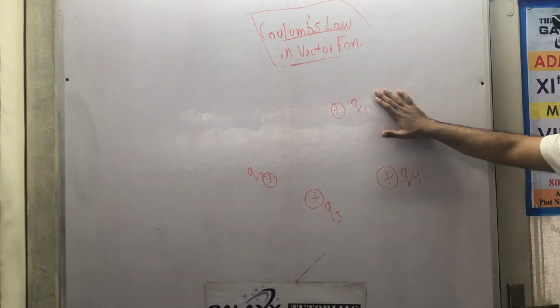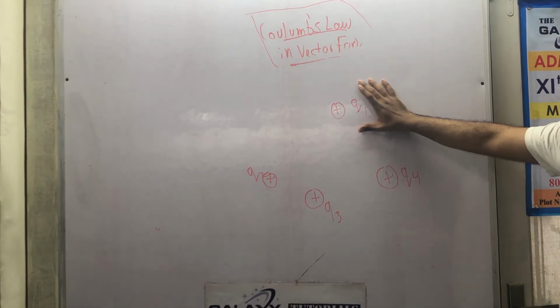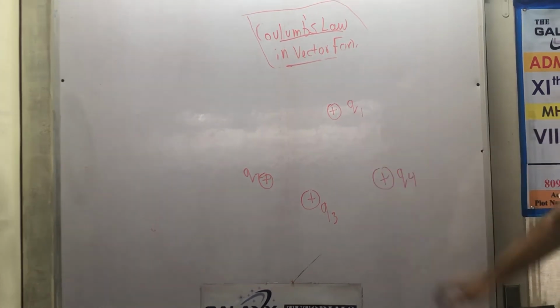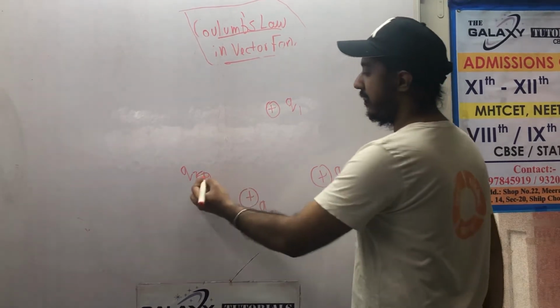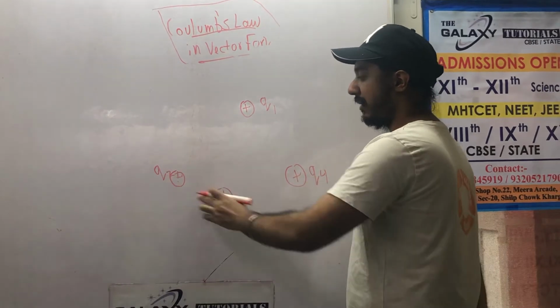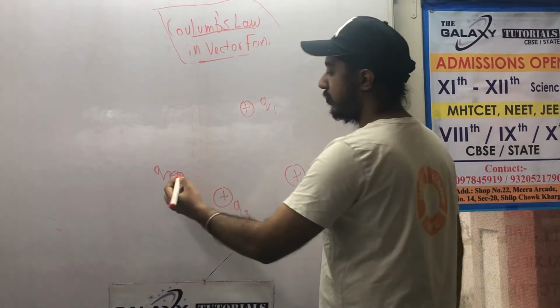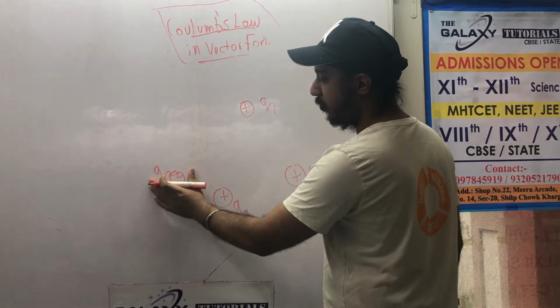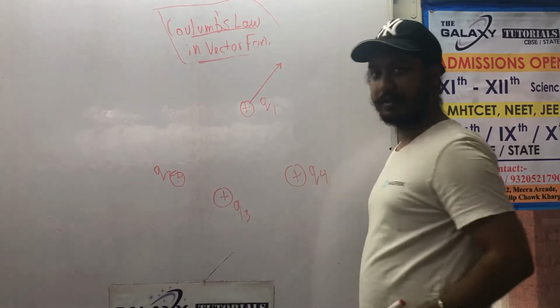So to find the net resultant force on this charge, first of all, the principle of superposition states that it is the vector sum of the forces acting on this charge due to all these three charges. So what are the forces? Now this charge Q4 will repel this charge Q1, yes or no? Yes.